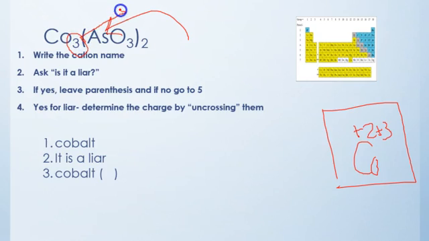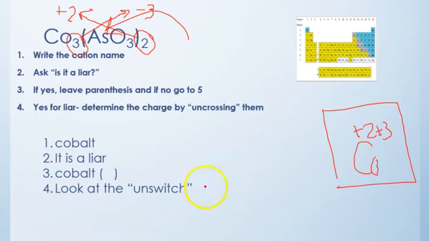So uncrisscross these elements. It looks like the AsO3 gave a 3 charge. And if that's true, then the cobalt gave a 2 charge. So when you look up on the polyatomic chart, is AsO3 a -3? If it is, then nobody got reduced.